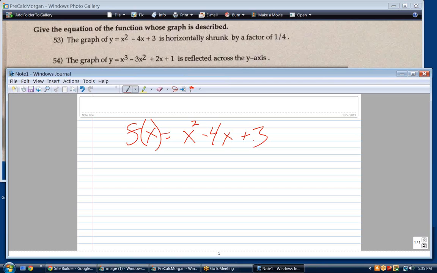Let's take a different approach. If I represent this as x minus 2 quantity squared minus 1, notice that that's the same thing.